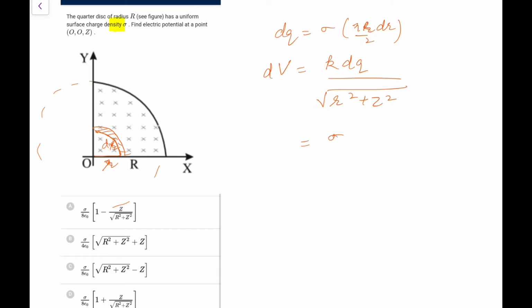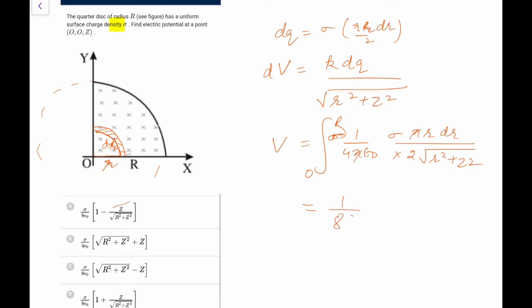So it would be 1 upon 4 pi epsilon naught, sigma pi r dr upon 2 under root of r square plus z square, and for complete you will do integration from 0 to r. So if you do this, this pi goes, this is 1 upon 8 epsilon naught, and this sigma term comes here. Now what we have, r dr upon under root of r square plus z square.